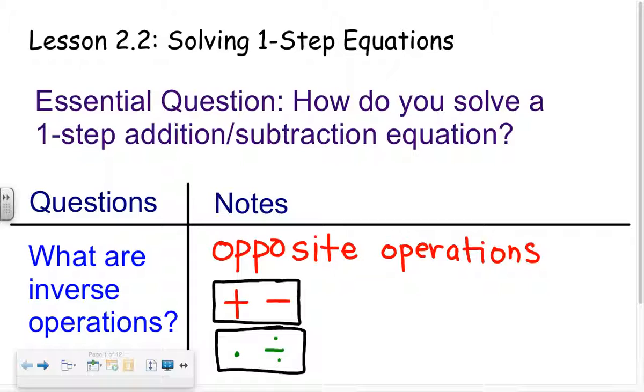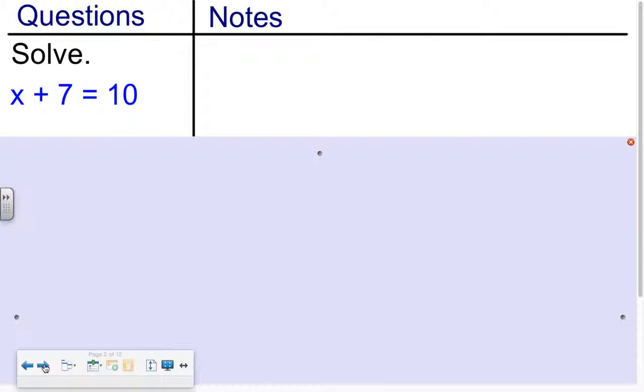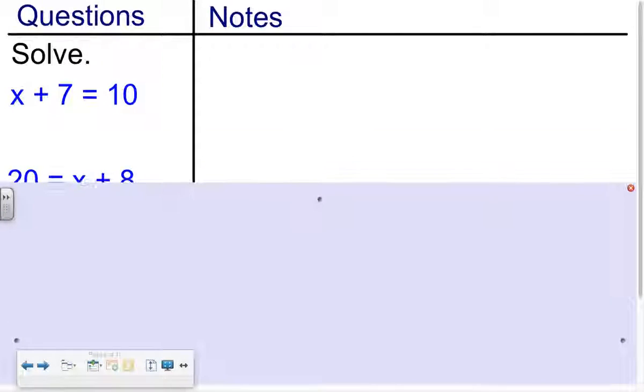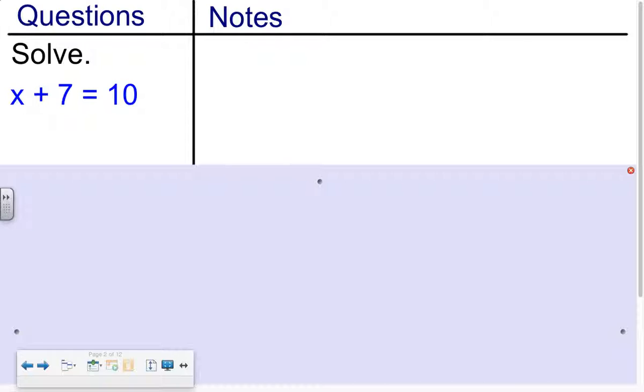So in order to be able to solve all of these equations today in this lesson, we're going to have to do the opposite operation, or the inverse operation, in order to isolate the variable. So our first equation that we have to solve is x plus 7 equals 10.